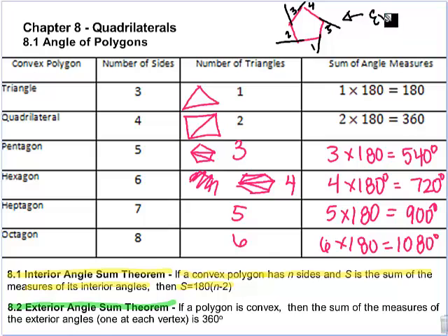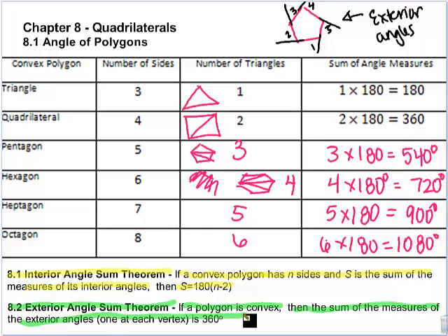Okay, so those would be our exterior angles. What our sum of exterior angles theorem tells us is that if we have a convex polygon, so once again, no caves, no indents, the sum of the measures of the exterior angles is 360 degrees, no matter what.